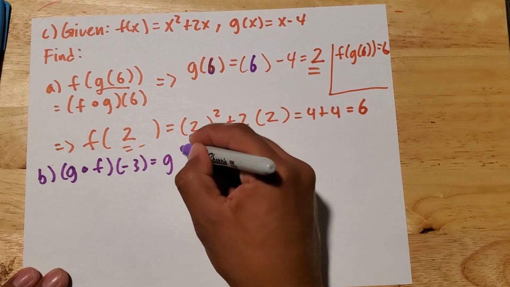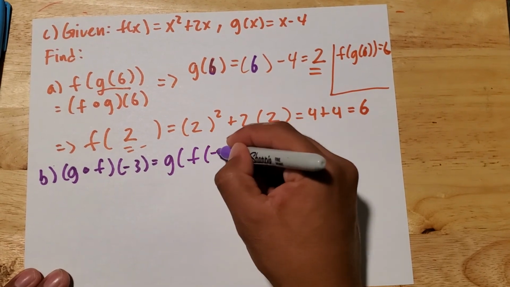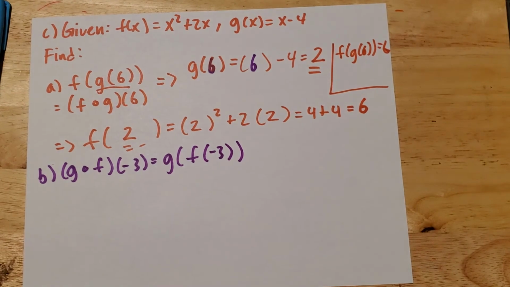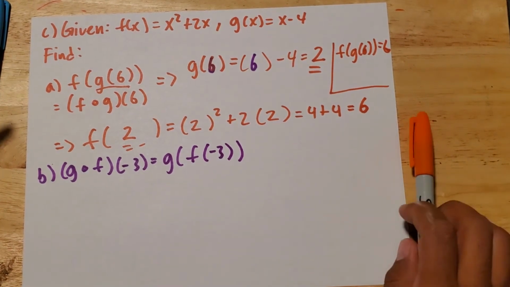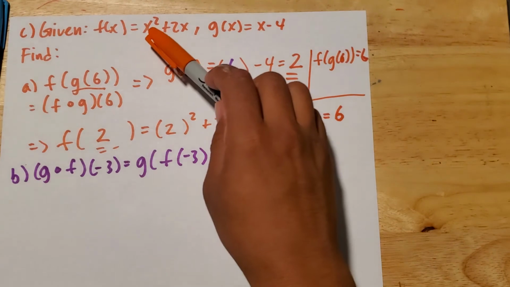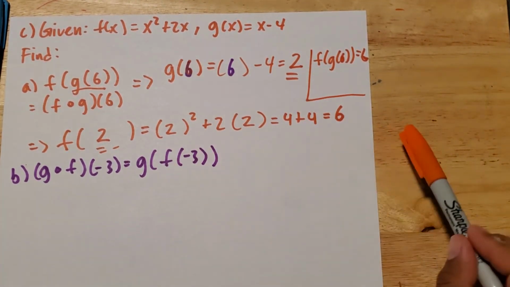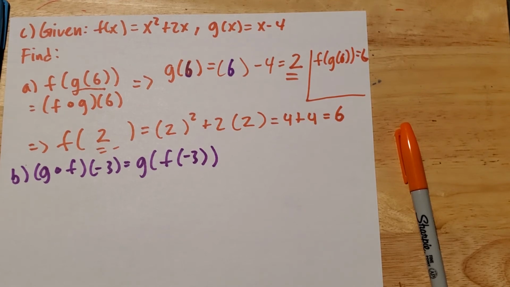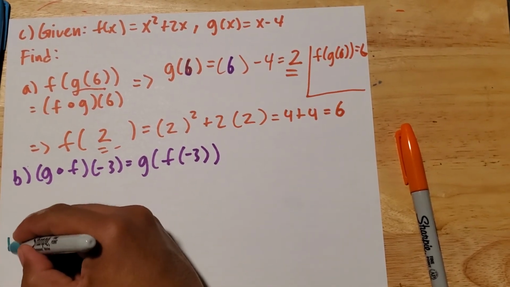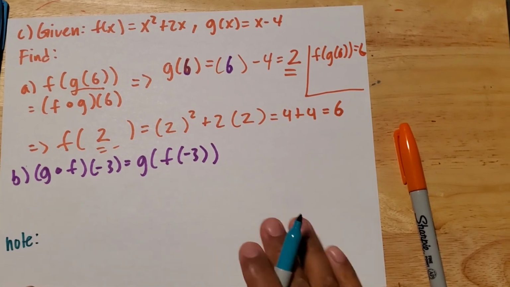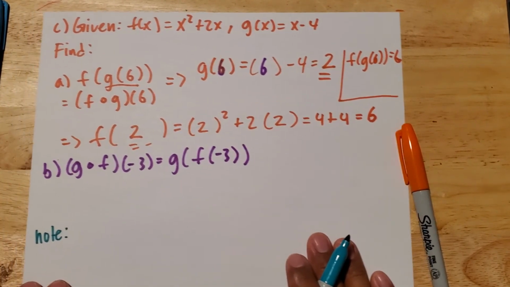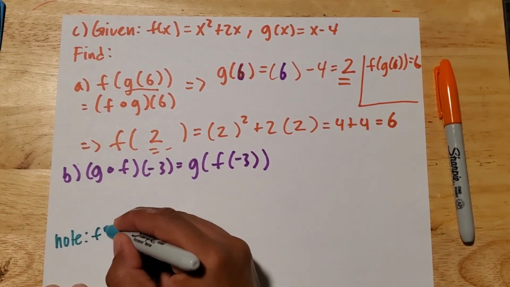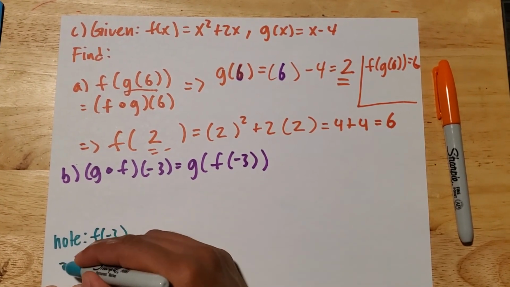the way we were seeing it before, which just means g of f of negative 3. Again, if you want, you can try to just plug the negative 3 into your f of x and then replace it all at once, or you can just try to find f of negative 3 to begin with.